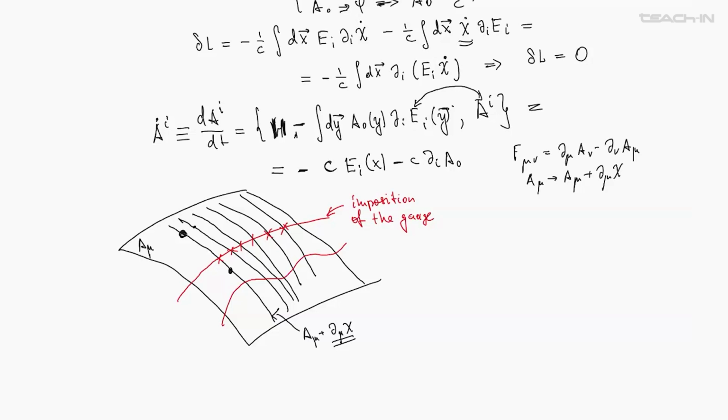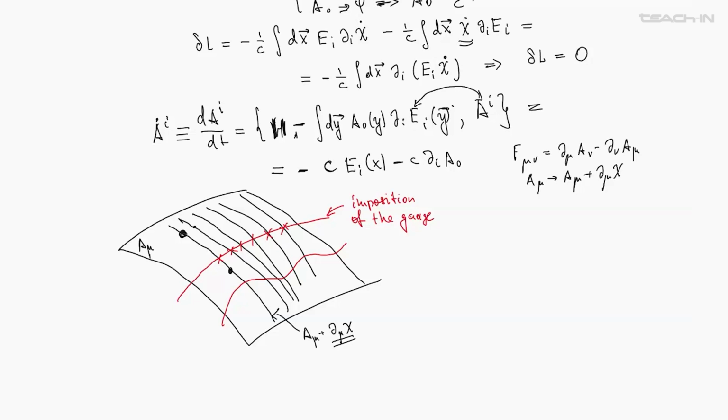Moreover, the gauges can be complete and incomplete. Complete means that after you impose this gauge, there is no more possibility to consider gauge transformations without destroying the gauge condition which you imposed. That is called a complete gauge choice.